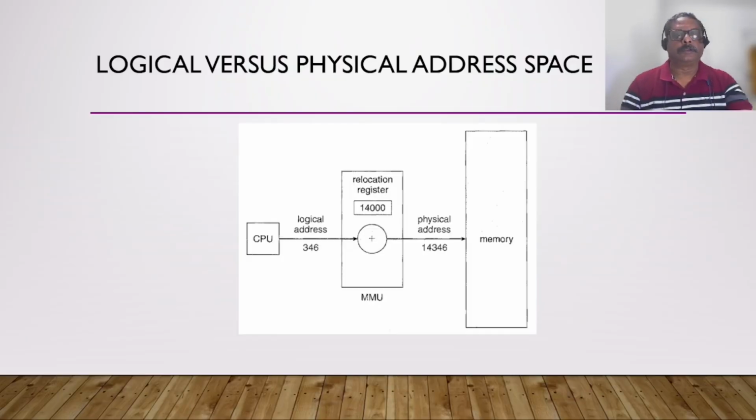Hi friends, continuing our discussion on memory management, let us look at the difference between the logical and the physical address space. The CPU is given a logical address because we are not sure where exactly the process code is situated in the main memory.